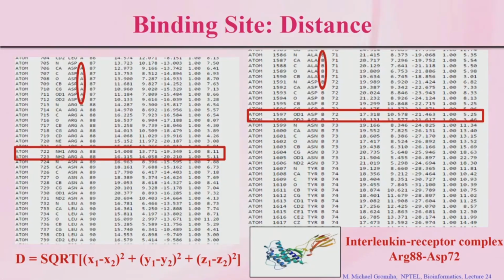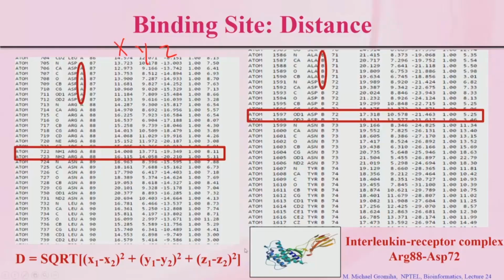So, now I show the PDB coordinates. In the PDB, the information you will get is the XYZ coordinates; this is chain A and this is chain B, right.